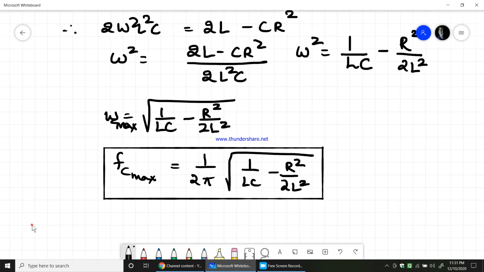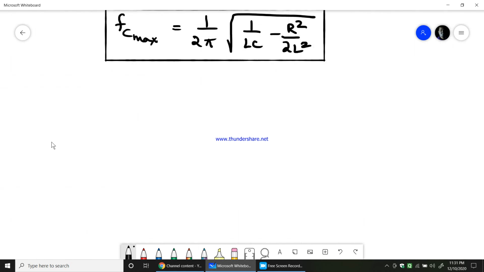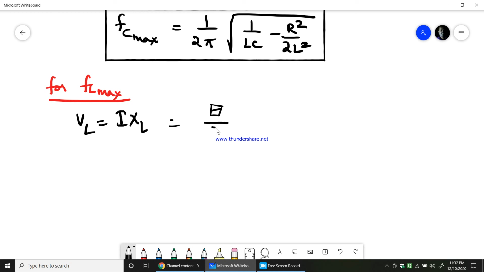Now if I try to derive FL max, we know that VL equals I into XL, same thing. So now we'll write I as E by Z into XL. Now at this point of FL max, XL will be greater than XC.